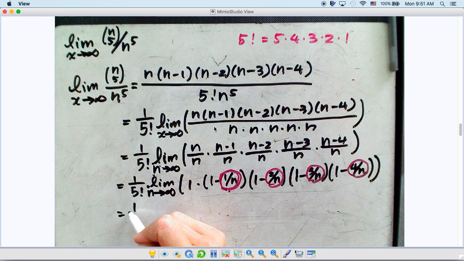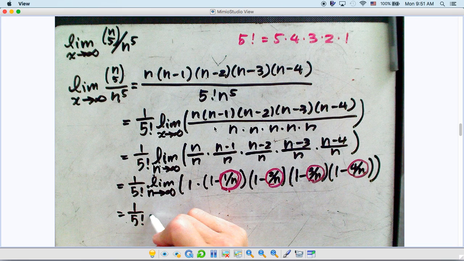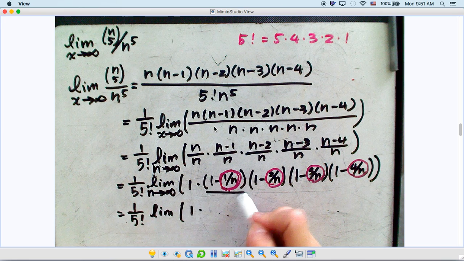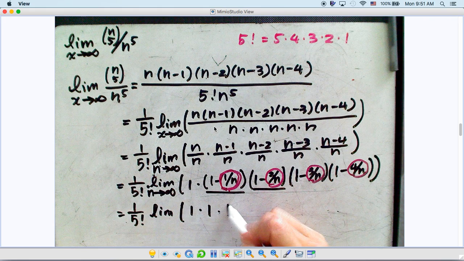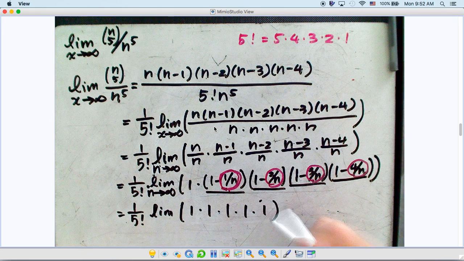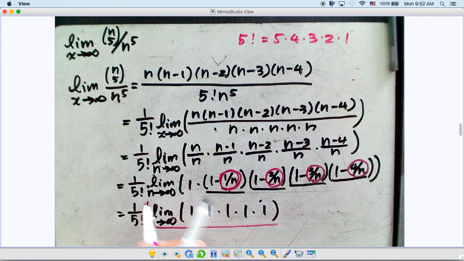So what I really have is 1 over 5 factorial times the limit of 1 times 1 times 1 times 1 times 1 as n approaches infinity. Well, this really is 1.